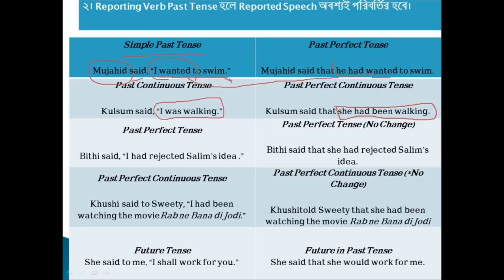And the same rules are also followed in other examples. If you see a future tense in the direct speech, of course you have to change it into would or should, if you get shall or will in direct speech. For example, in the last row, we see that she said to me, I shall work for you.